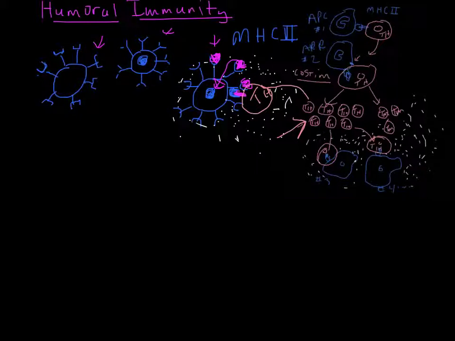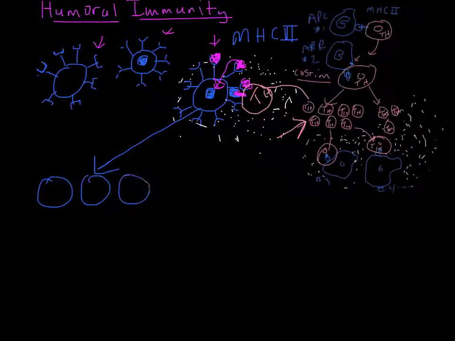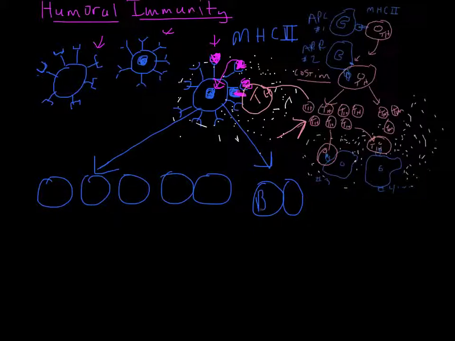Well, this interleukin is going to cause this B cell to undergo clonal selection. Oh yeah, here we go. Okay, so again, they're going to clone themselves many times over, and don't forget, we'll also form a number of B memory cells over here.